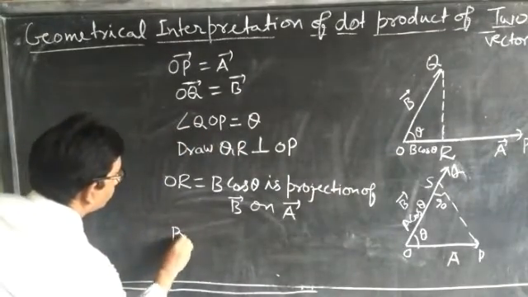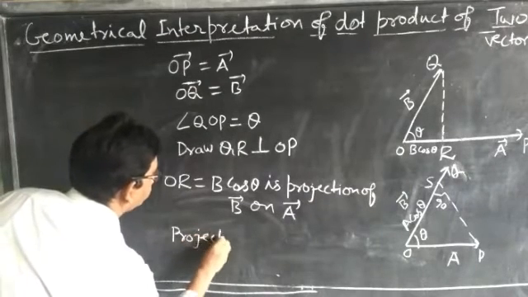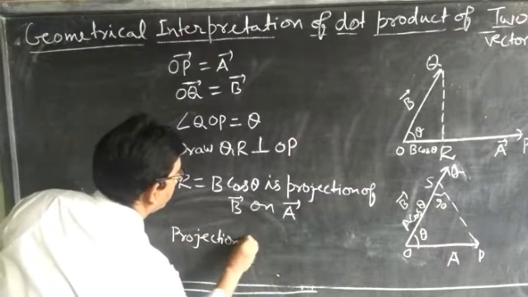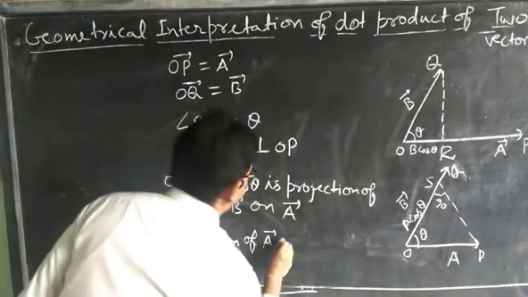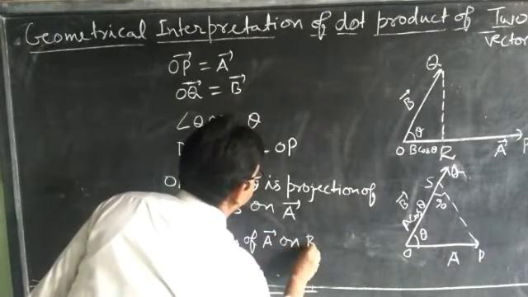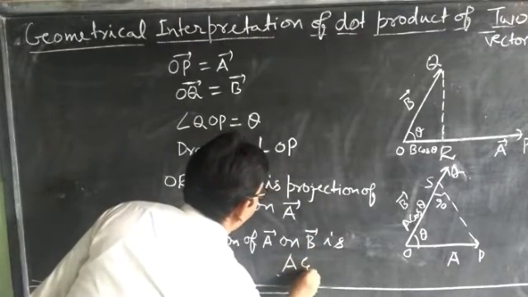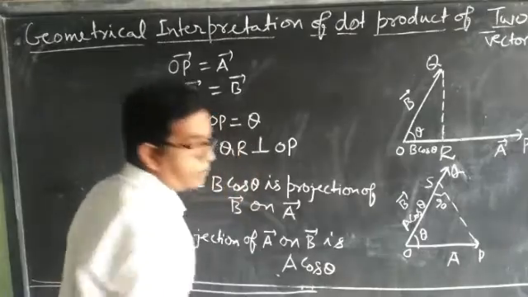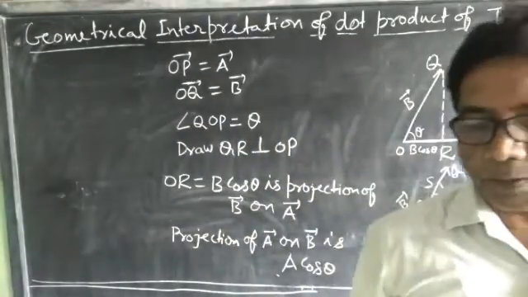In the second diagram, the projection of vector A on vector B is A cos theta.